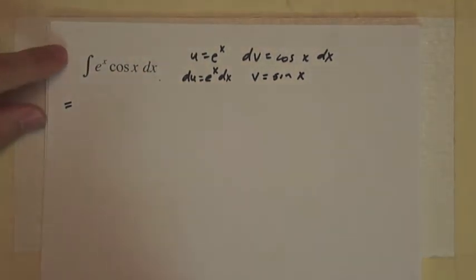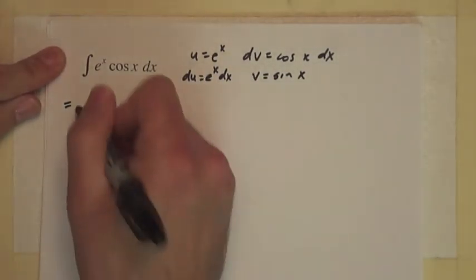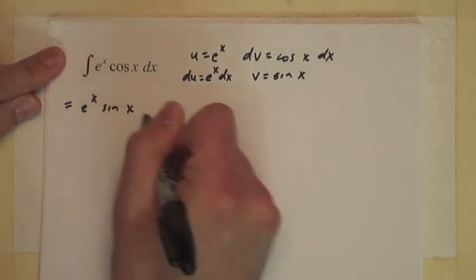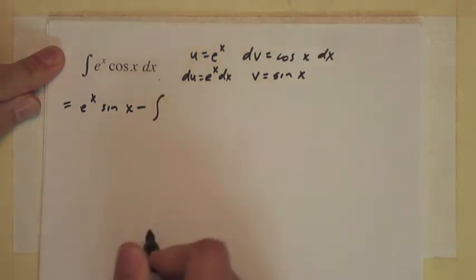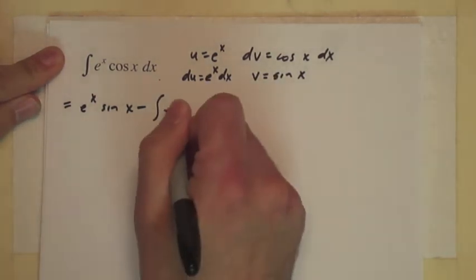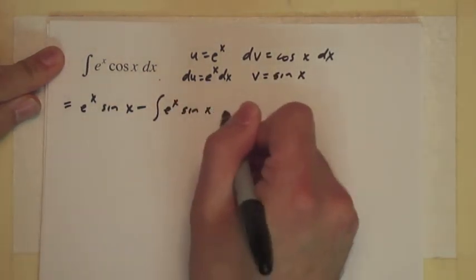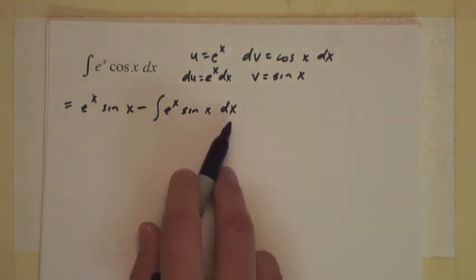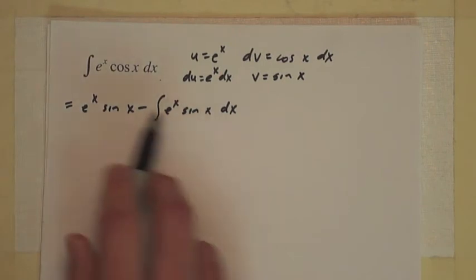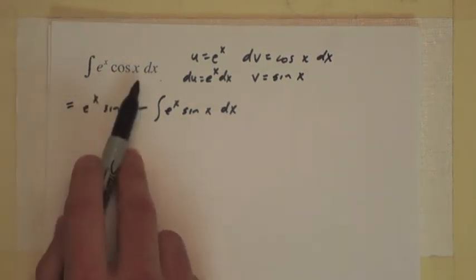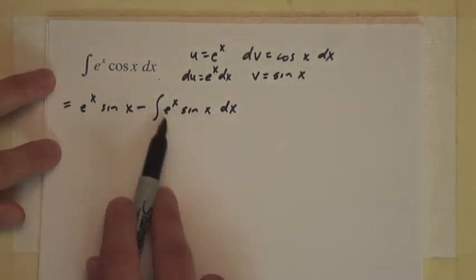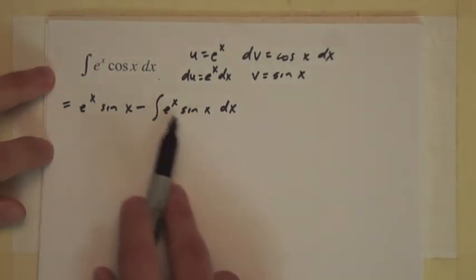We get that this thing is equal to uv, e to the x sine x, minus the integral of v du, which is e to the x sine x dx. Now, unfortunately, this thing is not simpler than the original, so it looks like we've failed. But keep the faith and do it again. Let's try it. Maybe it'll work on this one.